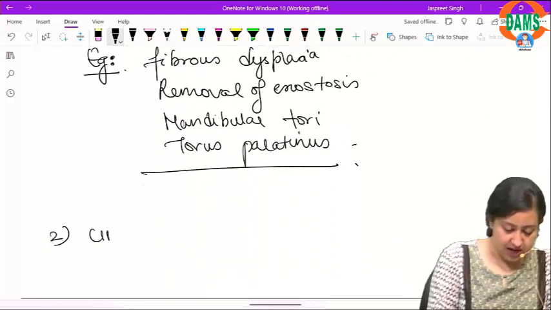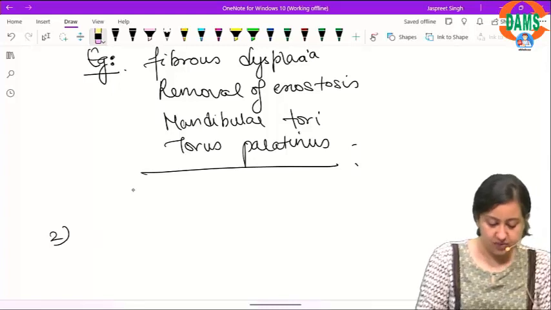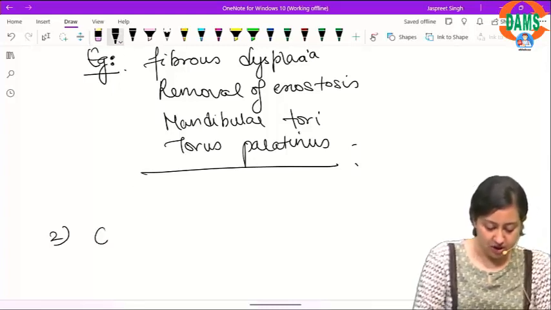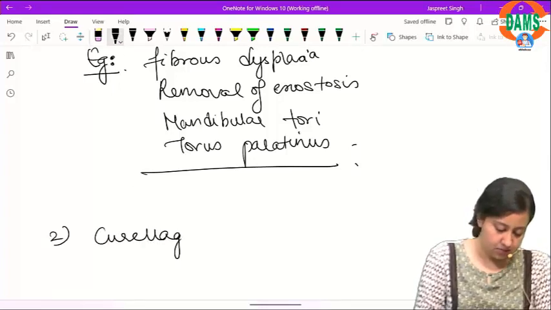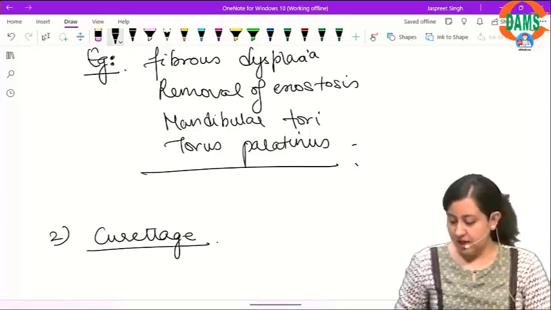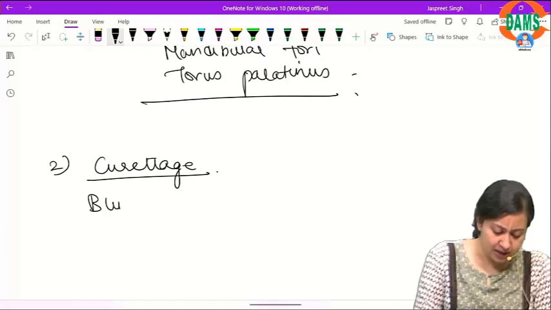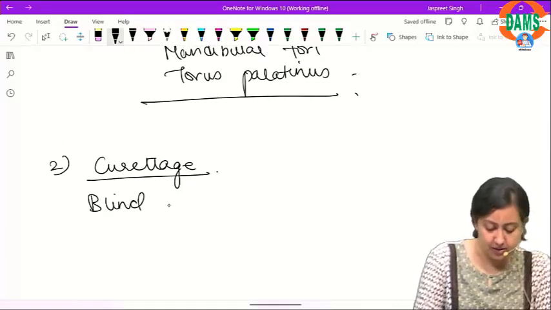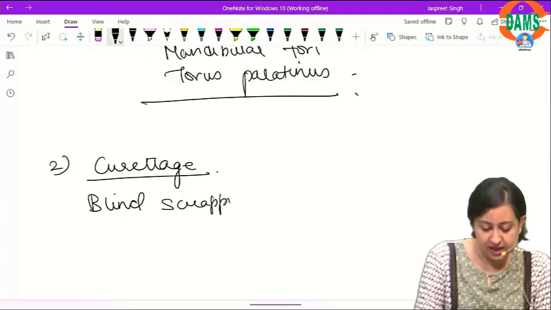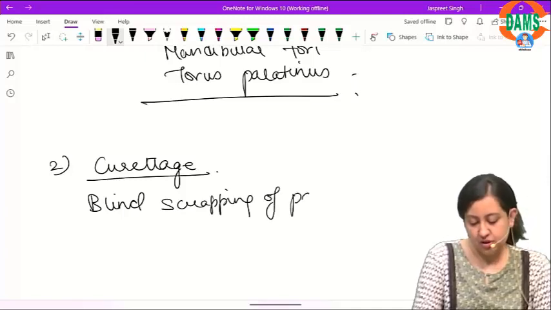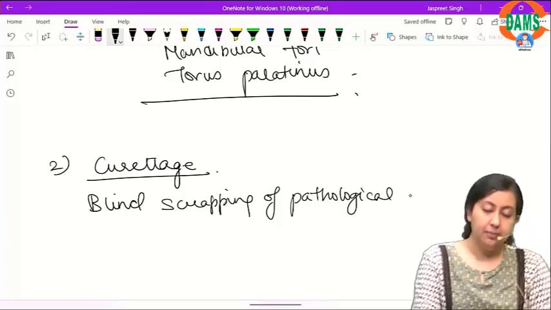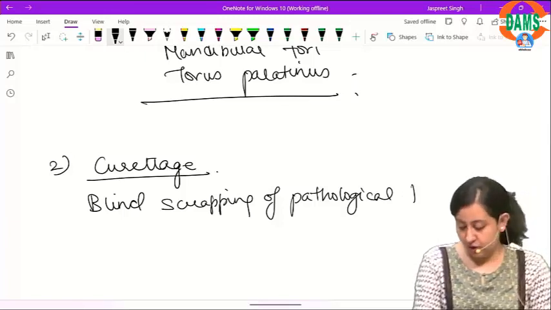Alright, so the next treatment is curettage. Like I already told you, it is nothing but just blind mechanical scraping of pathological tissue.